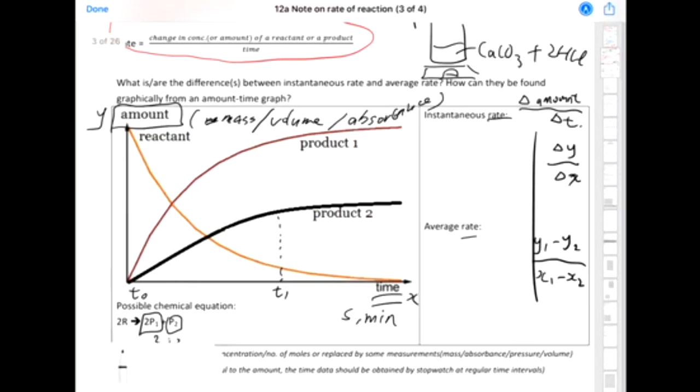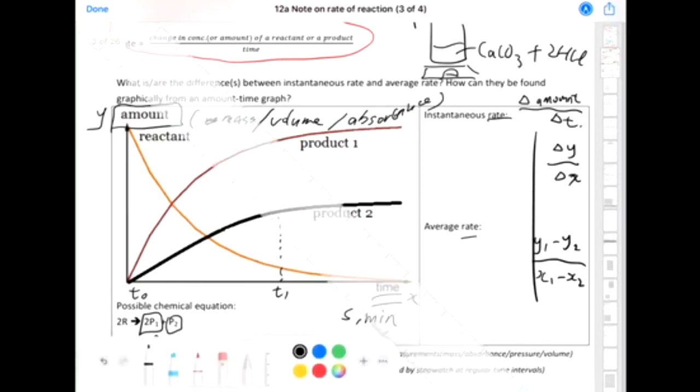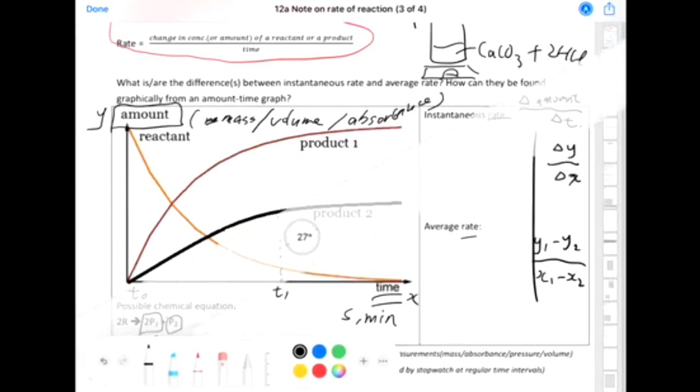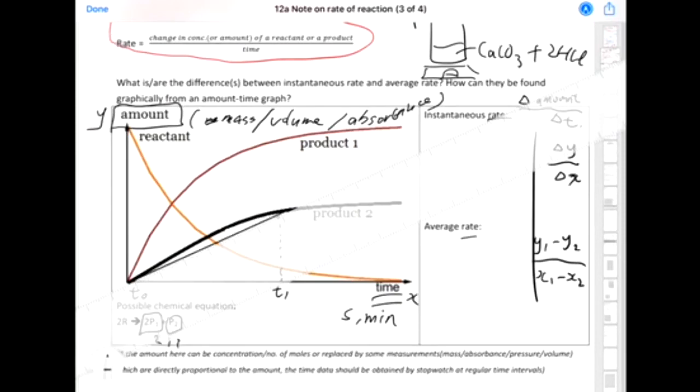Then for this case, how can you find out the average rate? You just join these 2 points by a straight line and then calculate the slope of it.